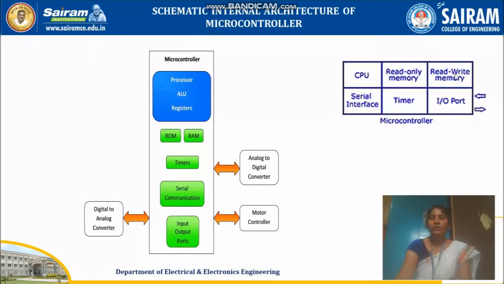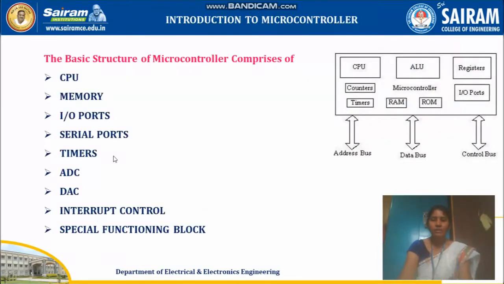What are all the parts that we have inside your microcontroller? We have CPU, read-only memory, read-write memory, serial interface, timer and IO port, as discussed in the internal architecture. So when you come back to the microprocessor, we have a single line diagram of your microcontroller.